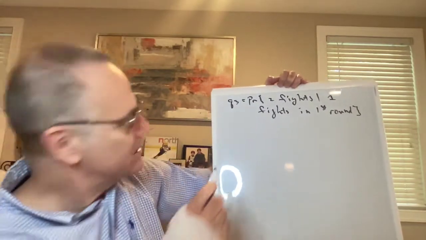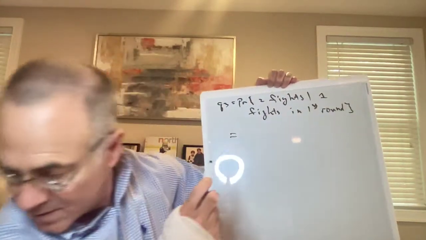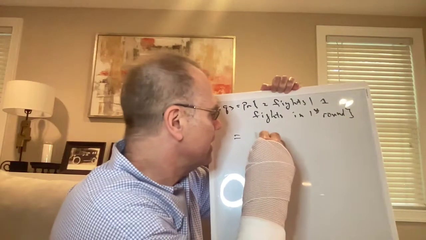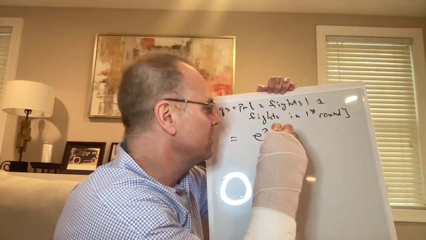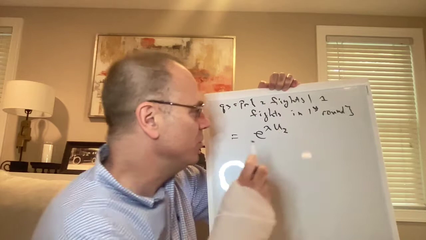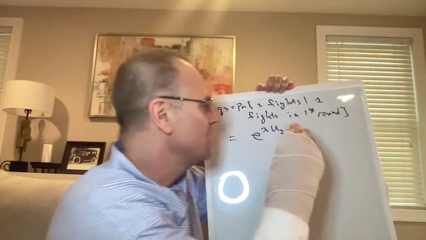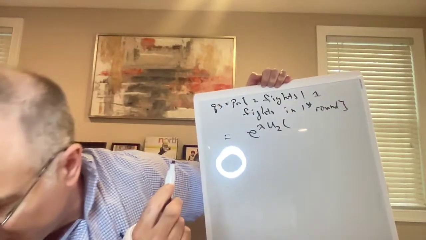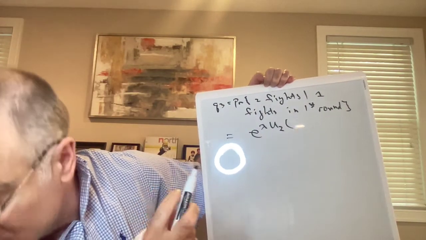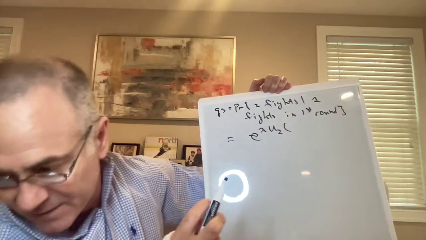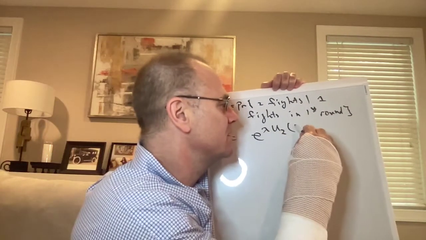And so this is just going to equal e to the lambda U of 2. Remember, state 2 is making the decision. U of 2, the utility she gets if they fight, and that's W1.